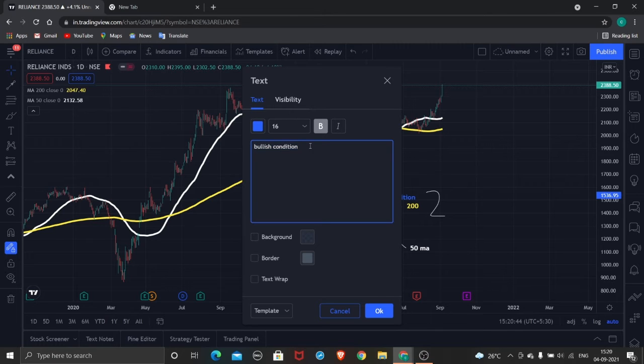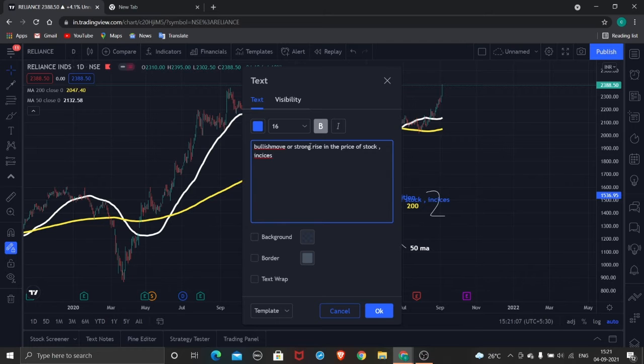rather than writing bullish condition, we can write bullish move, or a strong rise in the price of a stock. And the same condition can also apply to indices.